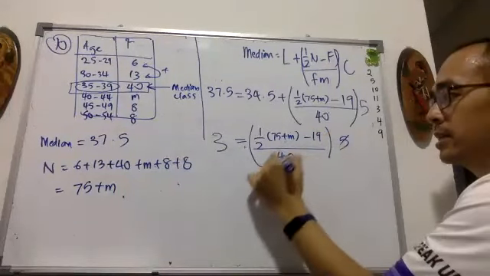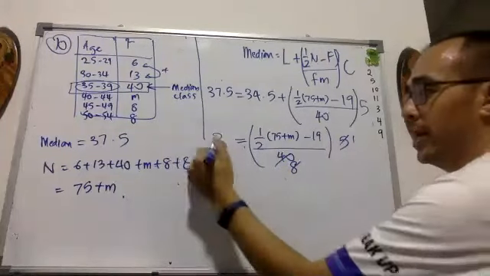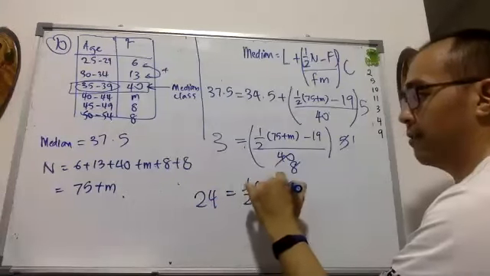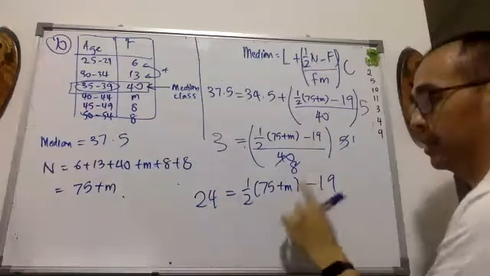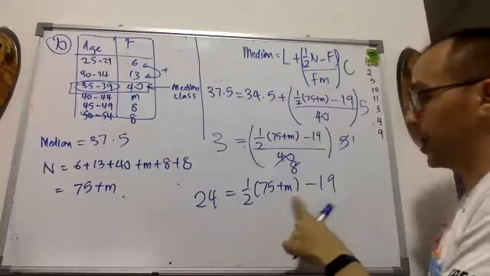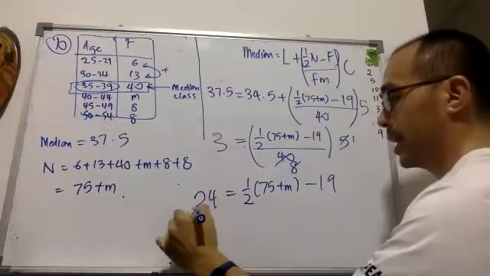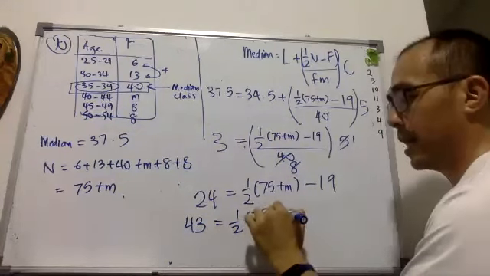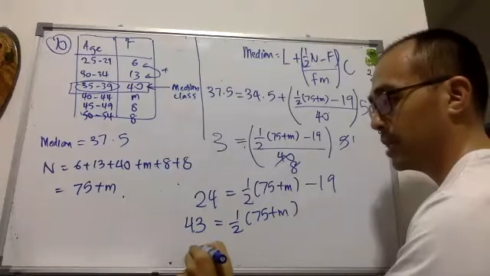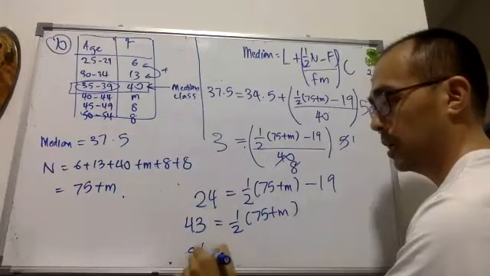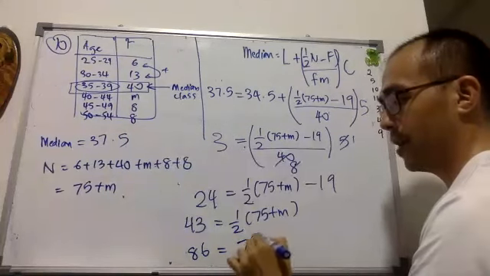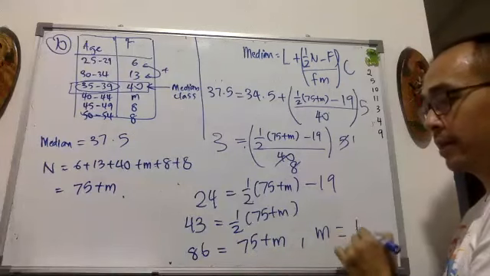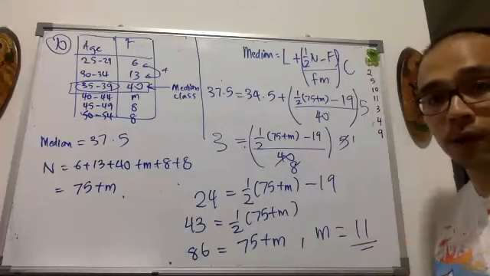If I cancel this, this becomes 8, this becomes 1. 8 times 3 is 24, equals half of 75 plus n minus 19. Then n is easy to find. I move 19 to the other side and I get 43 equals half of 75 plus n. Times 2, this will be 86. 86 equals 75 plus n, so n will be 86 minus 75, which is 11. That's my final answer.